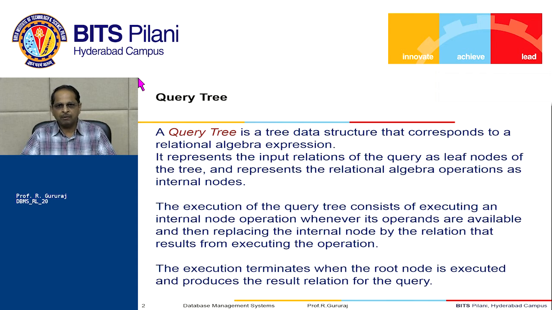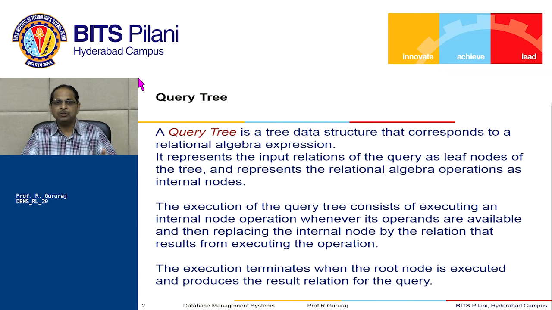Whenever the operands are available for an internal node, which we understood is nothing but an algebraic operation like select or projection, the operator is executed and a temporary result is generated. That is, the intermediate result is generated, which is the result of applying that algebraic operation.